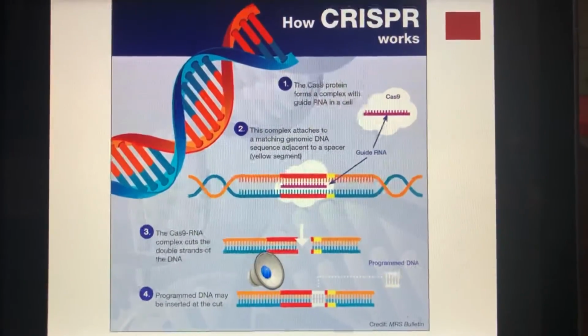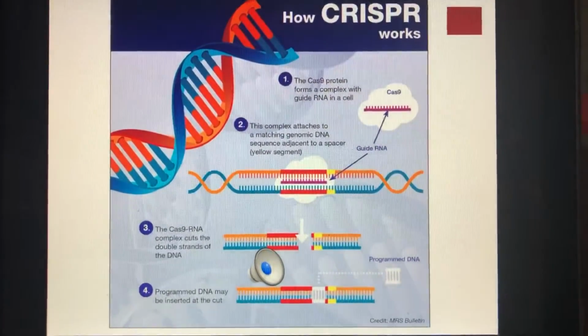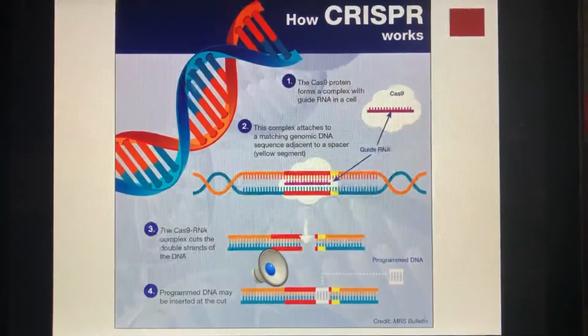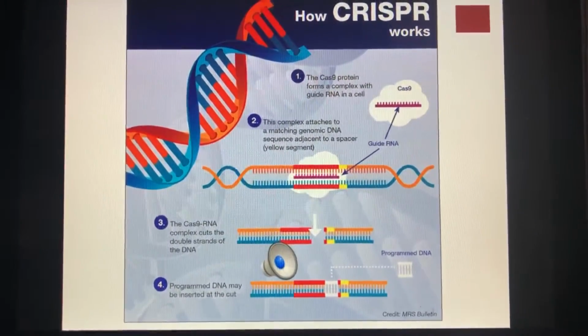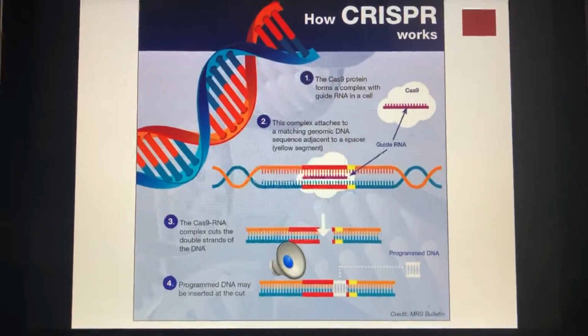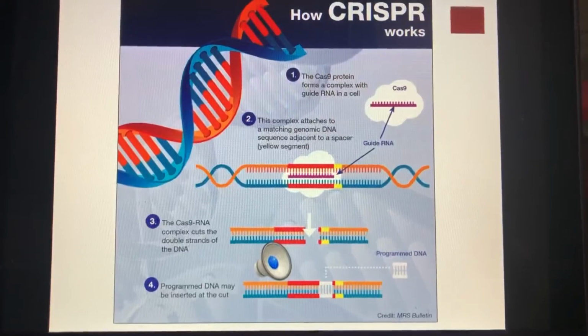The RNA then locates and binds to its DNA sequence, and the Cas9 enzyme is responsible for cutting across both strands of DNA. This results in a change in the DNA, or a mutation, and then a trait can be added by removing the gene or introducing a new one.